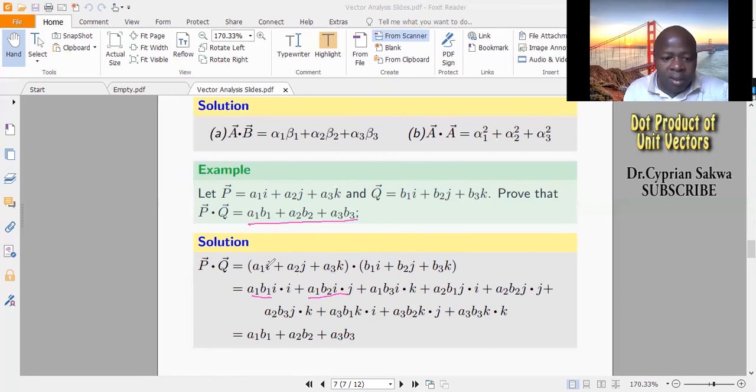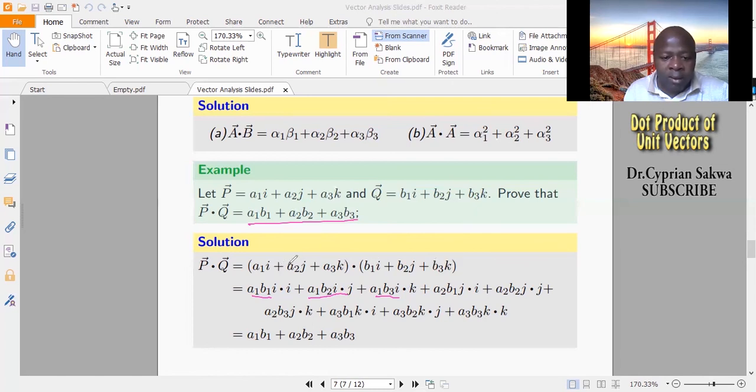And then A1 i dot B3 k will give us this. So you remember these are constants, so we take them first. And then we get the dot product of these others. So we are done with A1 i times the entire this.